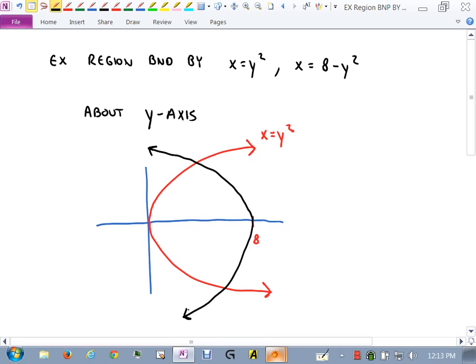It has to be horizontal. I need to be able to get this region in here to work out, so I need to draw my rectangle sideways. So my rectangle is going to look like this. See the difference?